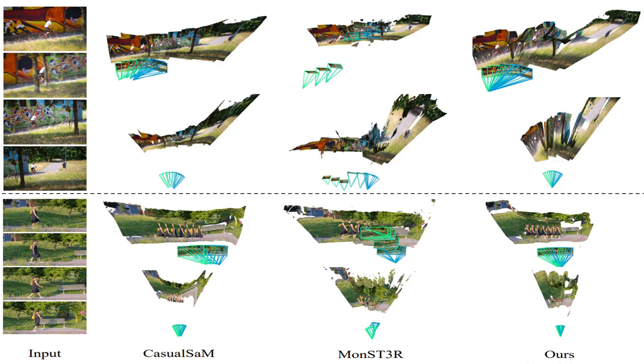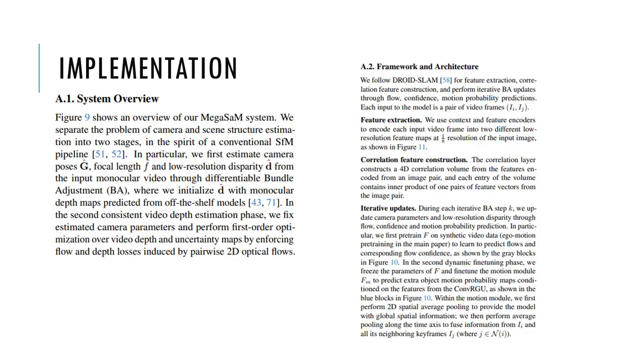Casual SAM also predicted similarly to MegaSaM, but it slightly fails during motion at some stage. MegaSaM overcomes that problem to get the accurate result with less time.